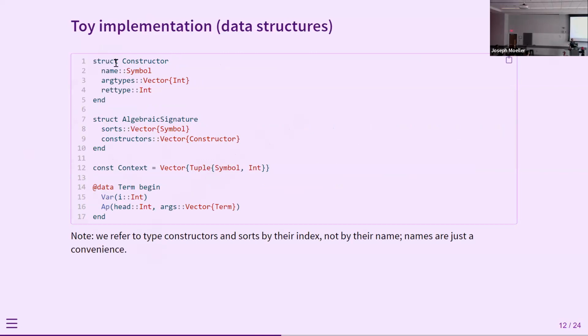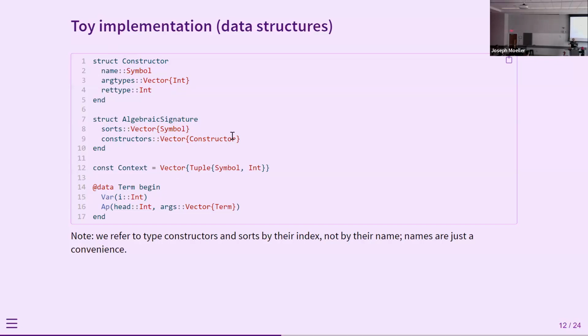So here we have a struct. It has fields, and each of those fields has types. So a constructor has a name, it has argument types, and it has a return type. We're using integers to represent the types. An algebraic signature just has a vector of sorts, so it gives names, but we refer to sorts by their index into this vector. And then it has a vector of constructors.